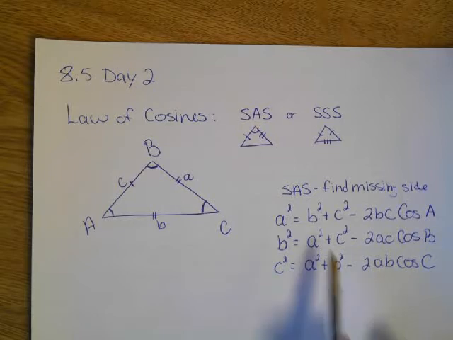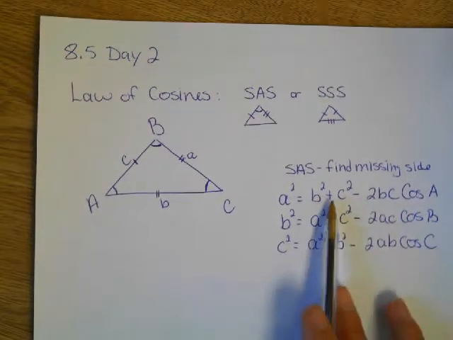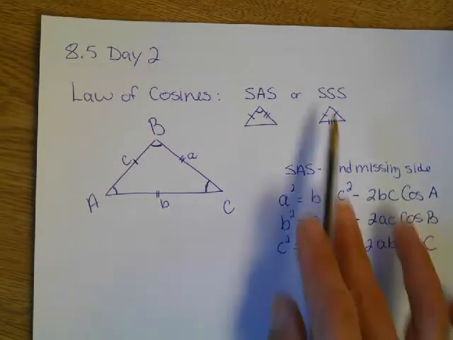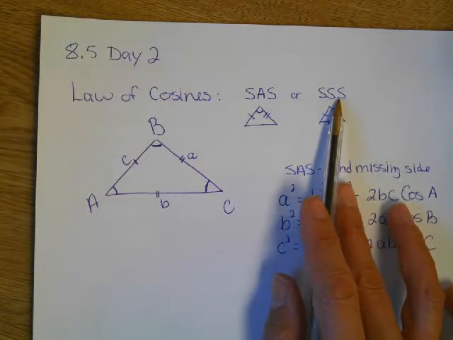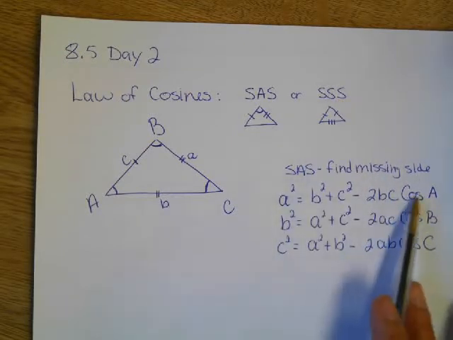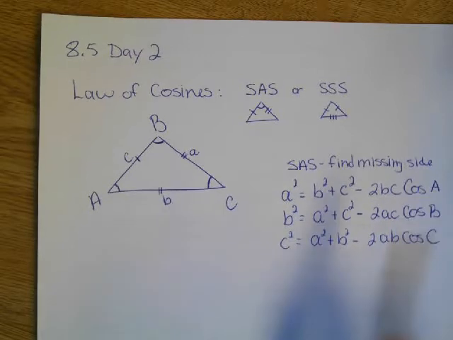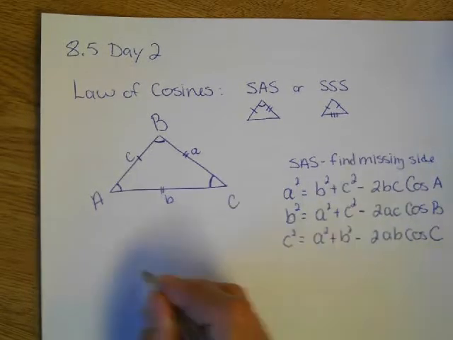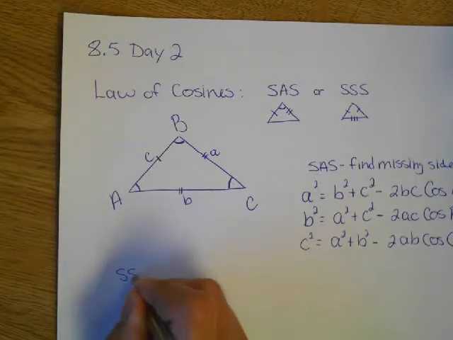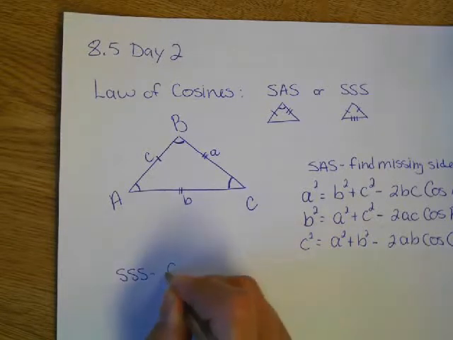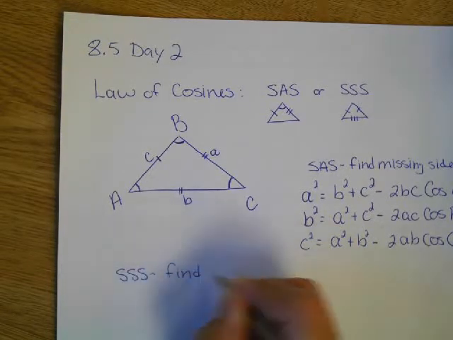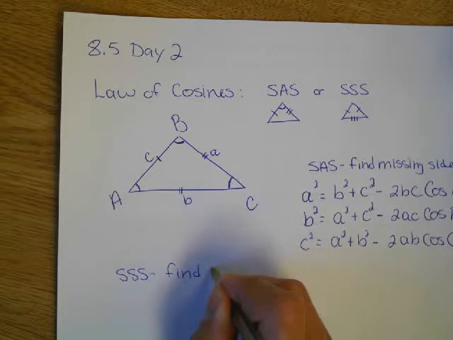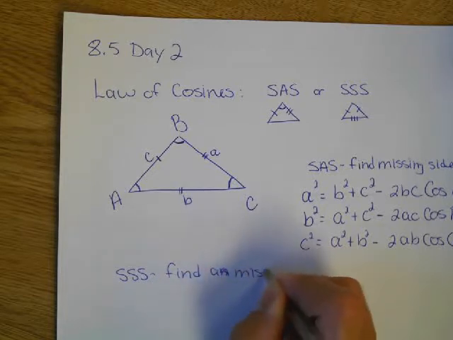So now we take each of these. I'm going to do one algebraically. If we have side, side, side, that means we're going to find a missing angle first.